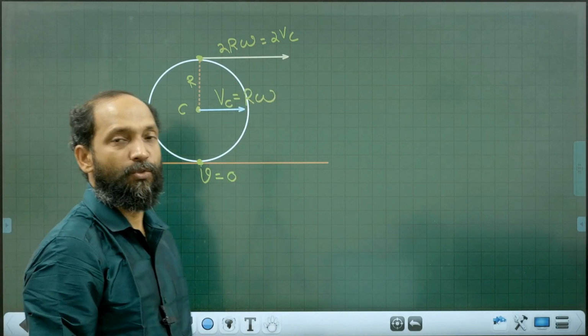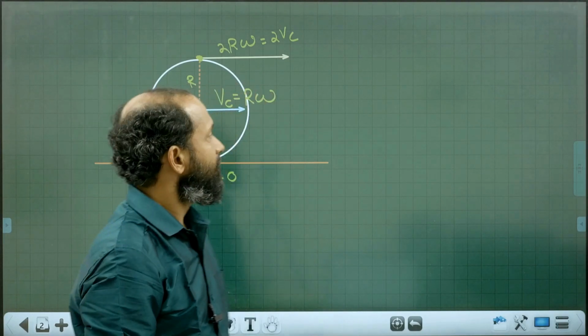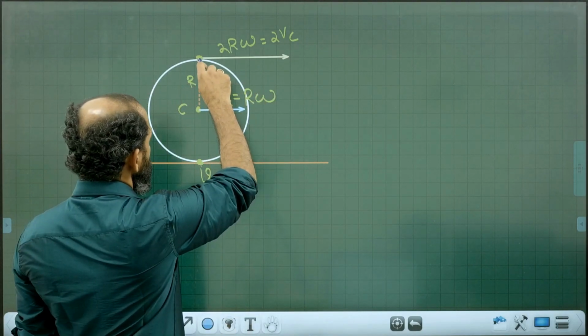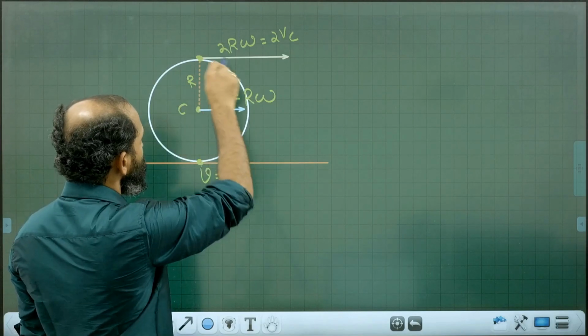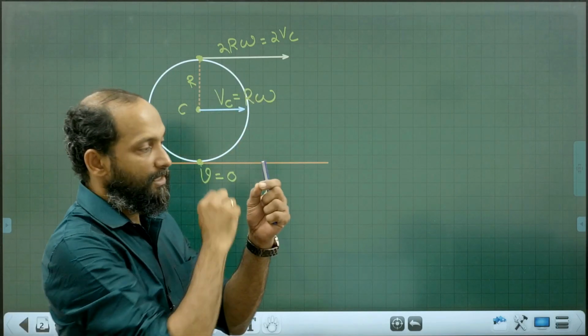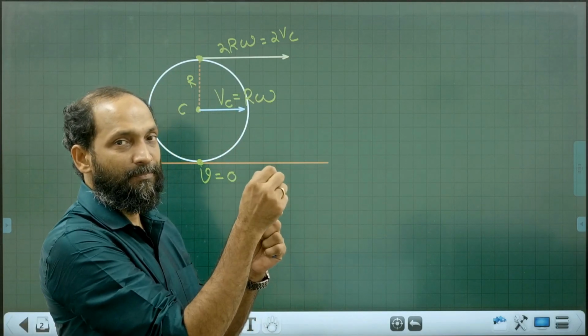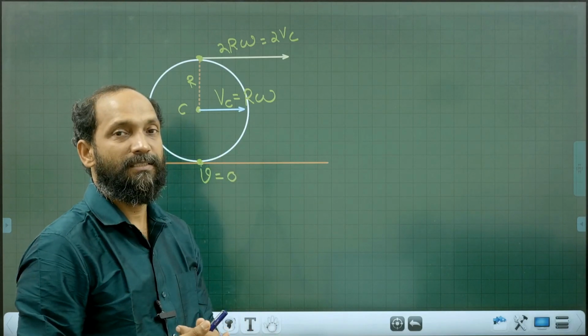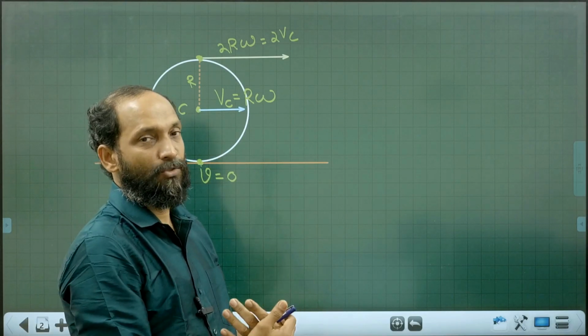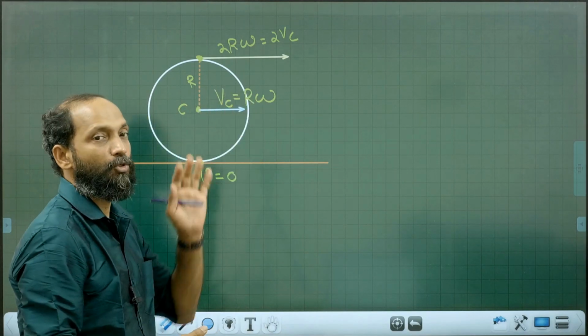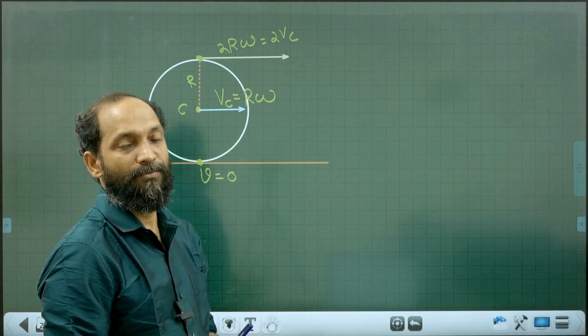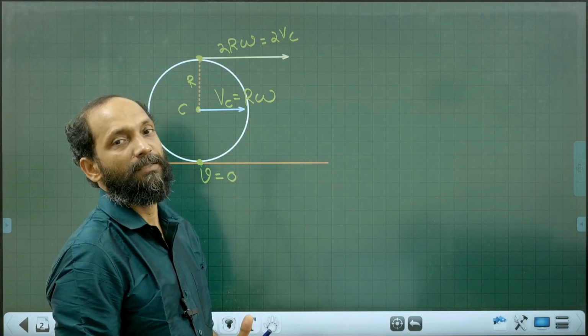Such a rolling is called pure rolling, where the particle at the periphery, when it makes one complete rotation, the center of mass translates through a distance equal to 2 pi r.